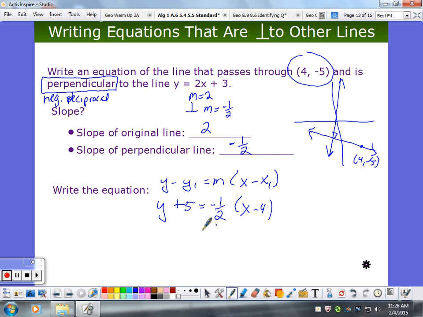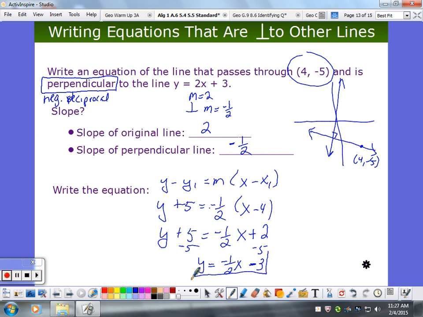Who's keeping up with this? Are we okay? Negative times negative is positive. What's half of 4? 2. Subtract 5 from both sides. y equals -1/2x minus 3. That's this equation.